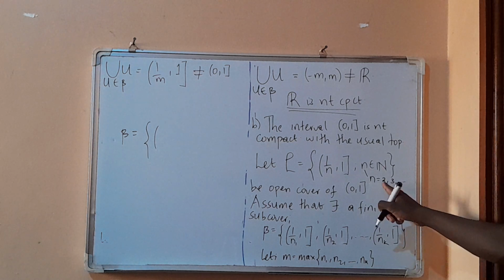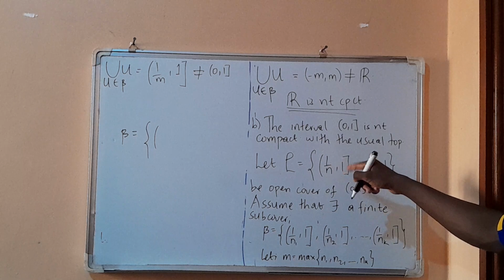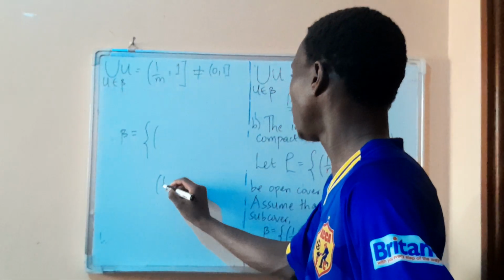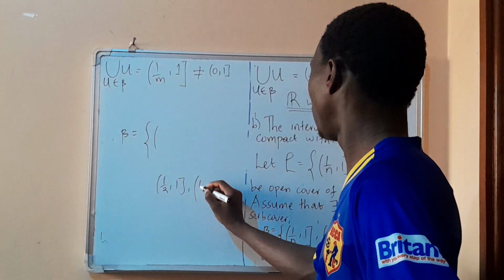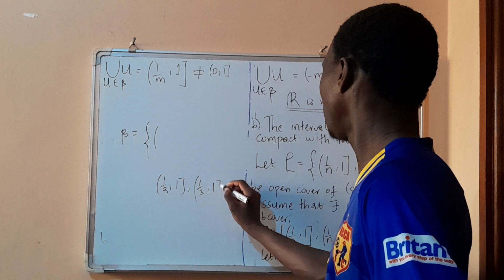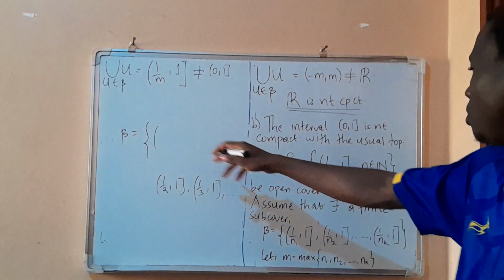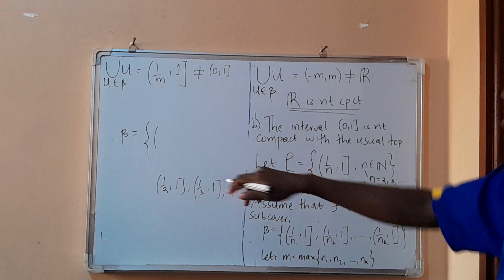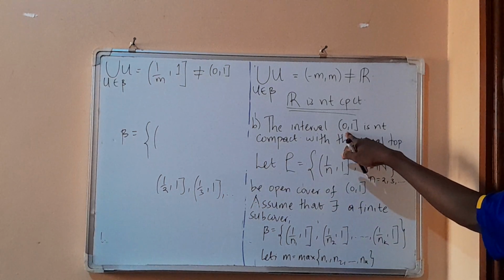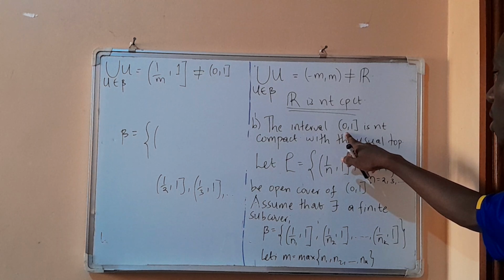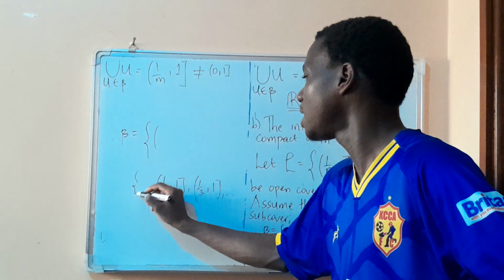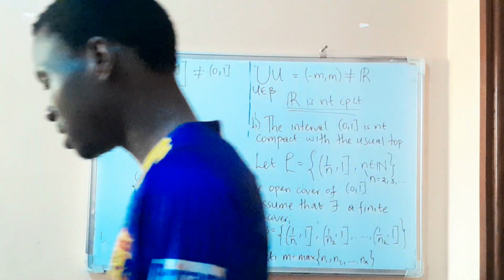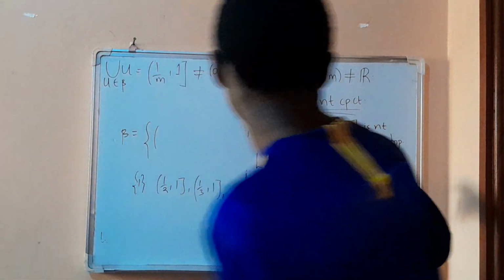So if I start with n equals 2, I'll come up with sets of this form: 1 over 2, 1, then 1 over 3, 1, in that order. The union of these sets will be this interval. But if we start with n equals 1, we shall have this singleton as a separate set here. So that's why we need to start from n equals 2.